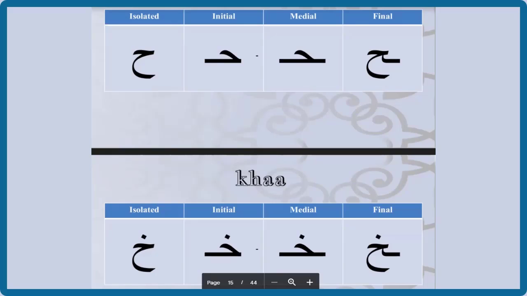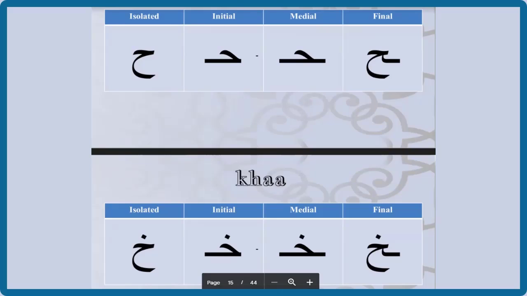As we proceed and start learning, you will get the idea. In the beginning, maybe you will feel it a little difficult, but inshallah, at the end, you will get used to it and easily recognize all these letters, okay?